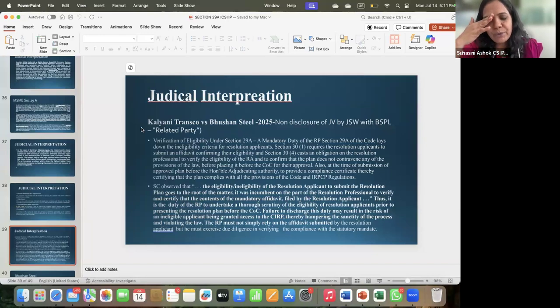See, out of section 29A, I just want to clarify one point here. In one of our cases, there was an attachment of the assets of the corporate debtor by the Enforcement Directorate. That is, ED had attached our properties and the company was under CIRP.